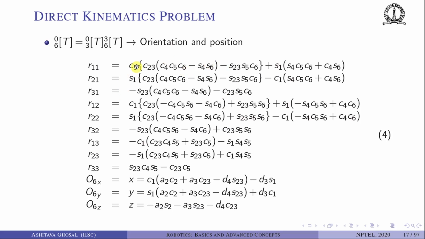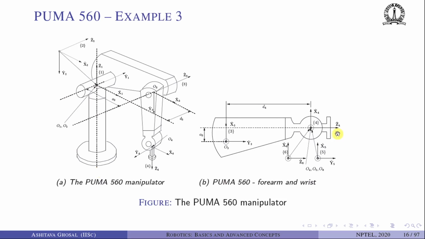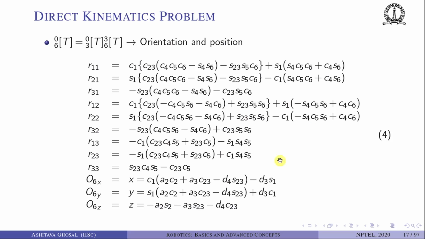So the rotation matrix contains cosine theta 1, cosine theta 4, sine theta 5, sine theta 6, all kinds of sines and cosines of all the 6 angles. The position vector of the wrist point, which is this point here, O6X, O6Y, O6Z, turns out to be a function of only theta 1, theta 2 and theta 3.